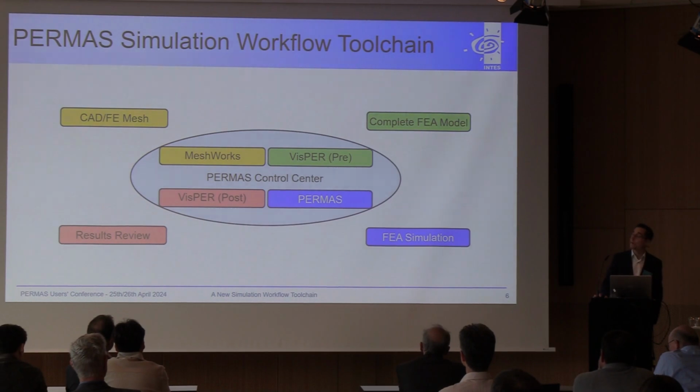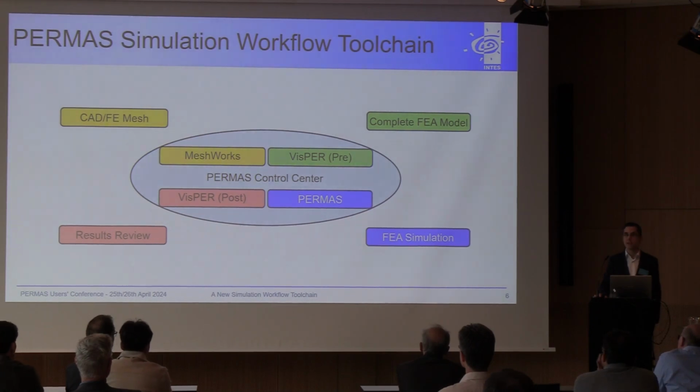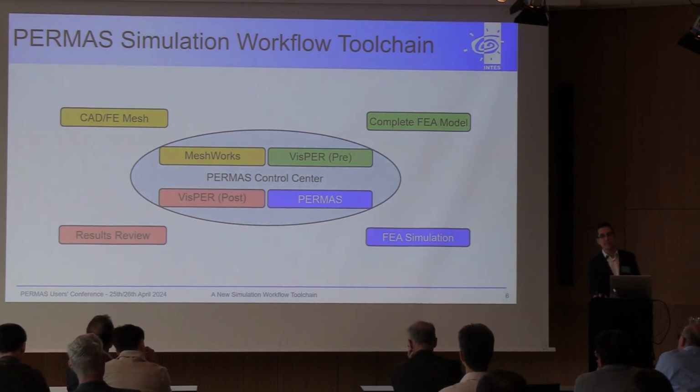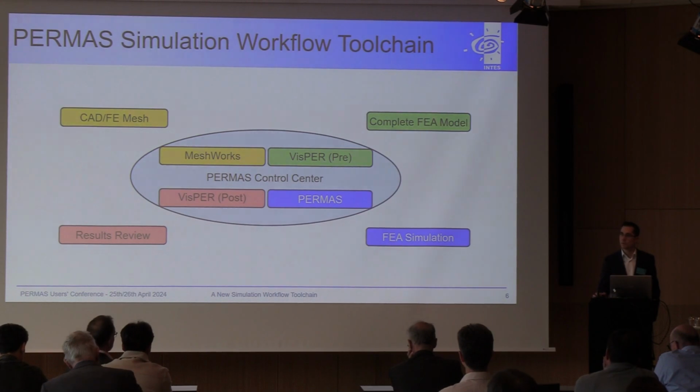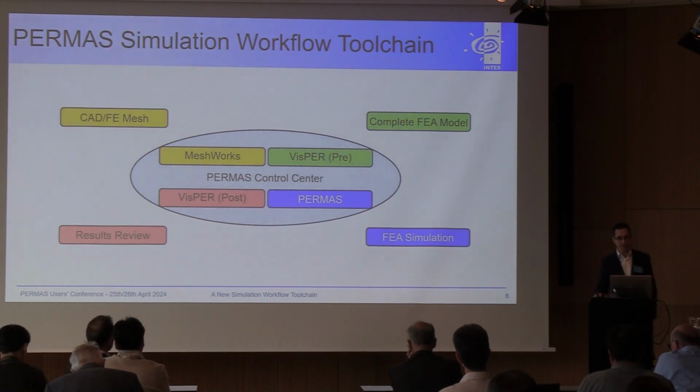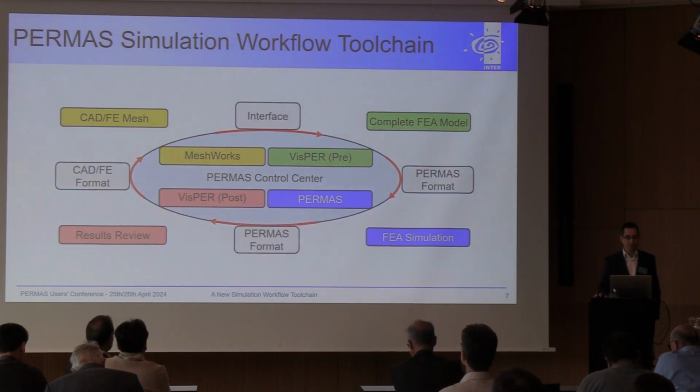Then on the green part, we're using for the physical definitions our VisPER pre-processing tool. Then going to PERMAS, of course, and for the post-processing tool, we are also using VisPER. The complete process of different tools can be controlled by a workflow toolchain manager. And here I want to present you the PERMAS Control Center to operate all the tools.